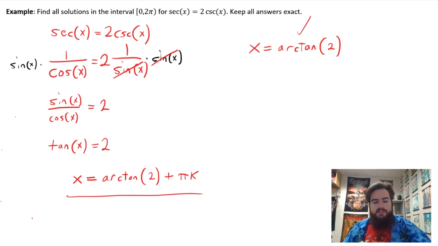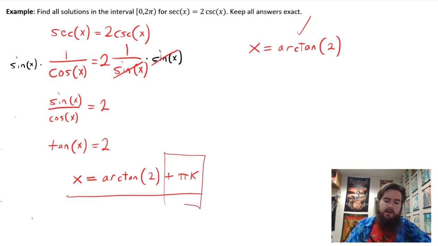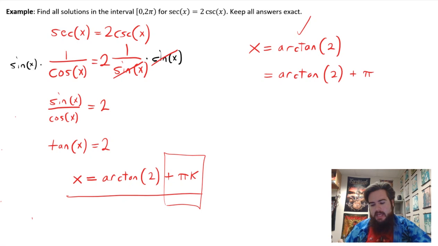We could also consider more solutions based on plus pi k. For example, if I add pi 1 time to arctan of 2, well, we had just said that arctan of 2 is between 0 and pi halves.